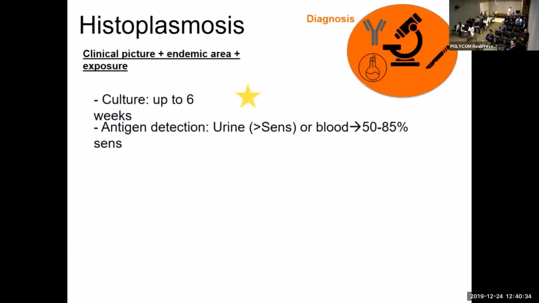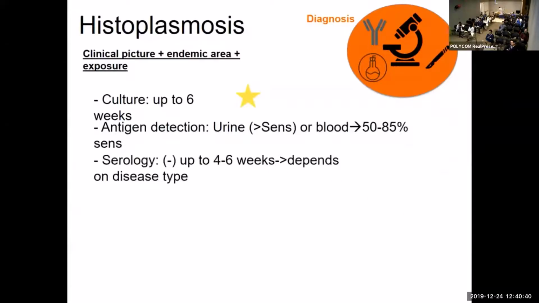Urine is more sensitive than blood antigen. The only thing is that it can cross-react with blastomycosis. So if you're in Cleveland or somewhere like that, you need to be aware that blasto can also give you a positive histoplasma antigen.